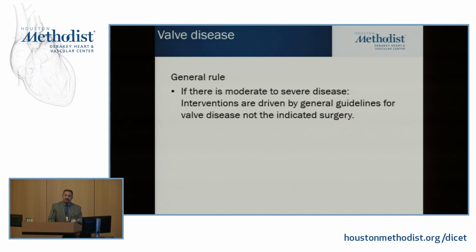We intervene on a valve if that patient requires intervention on that valve regardless. Meaning if that patient has severe aortic valve stenosis and he is symptomatic, we do need to change that aortic valve. But if he has moderate aortic stenosis and he's undergoing inguinal hernia repair or so forth, that does not mean that we need to undergo any intervention on the valve if he's asymptomatic.